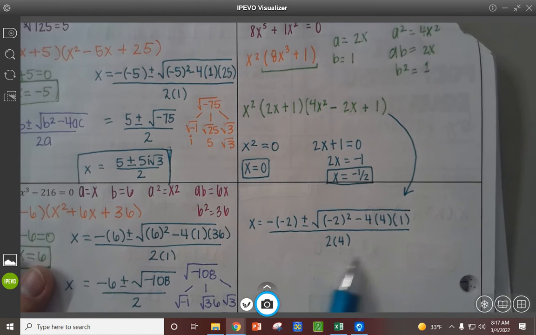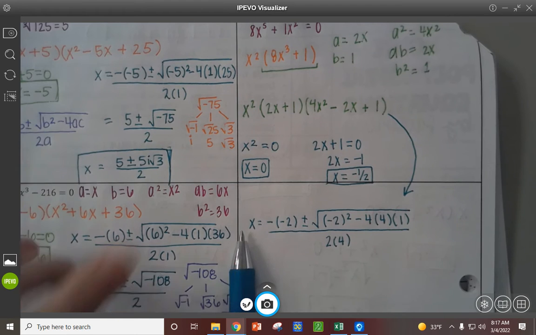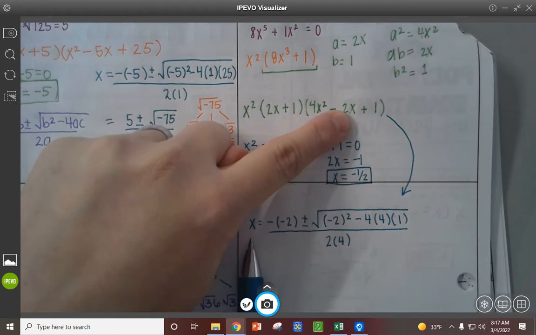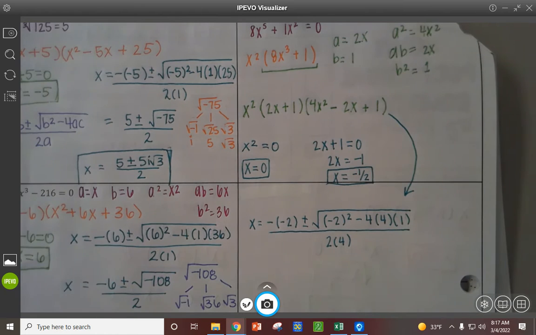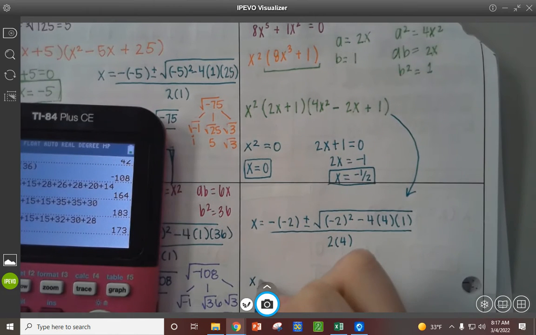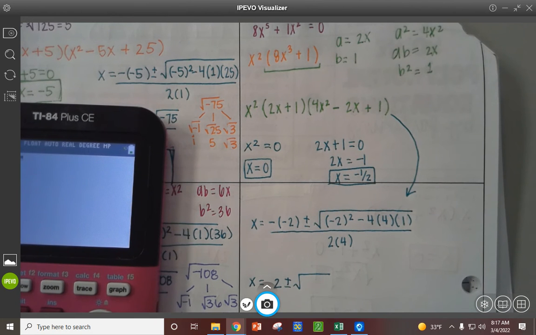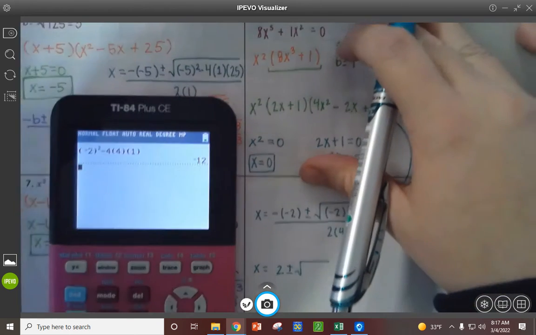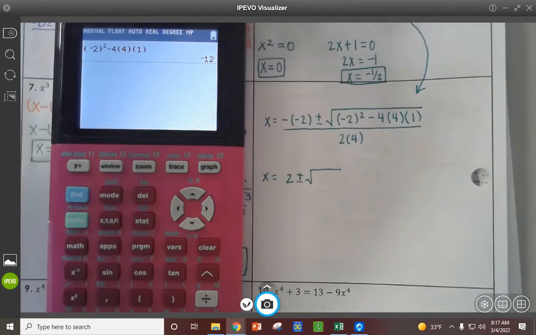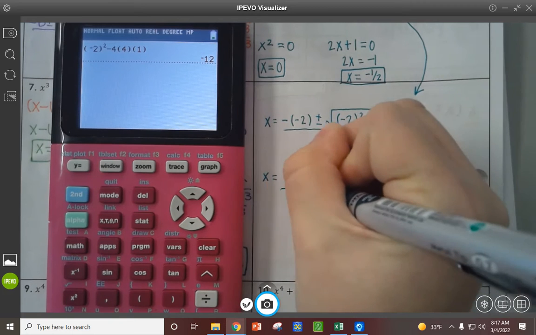We just filled in A, B, and C to your formula. My A was 4, B is -2, and C is 1. And when I type those numbers into my calculator, I get -12 under the square root.